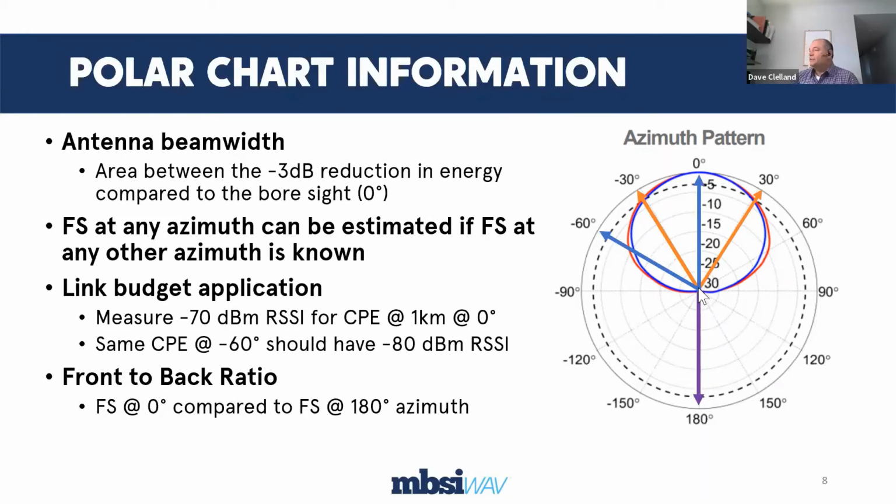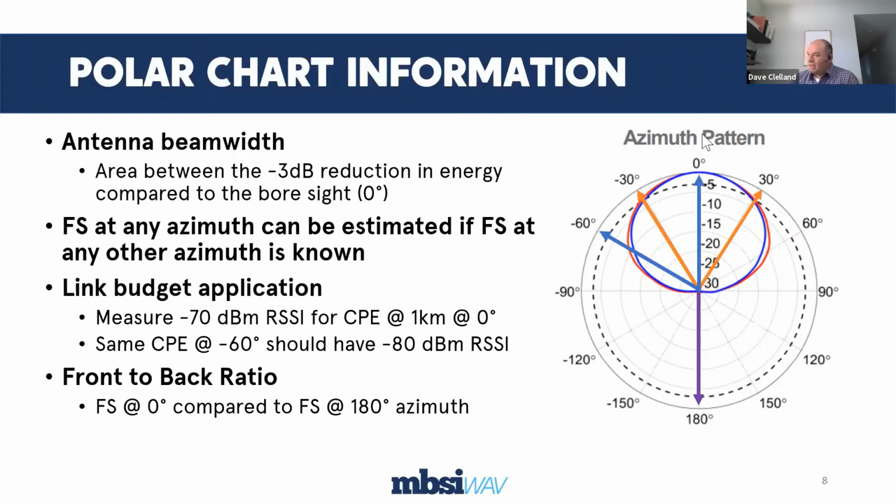If I were to be directly in front of this antenna at 1 kilometer away, let's say a 3 gigahertz system, let's say a 3650 system, I would expect about 104 or so dB of free space loss between my antenna at the base station and my CPE device.